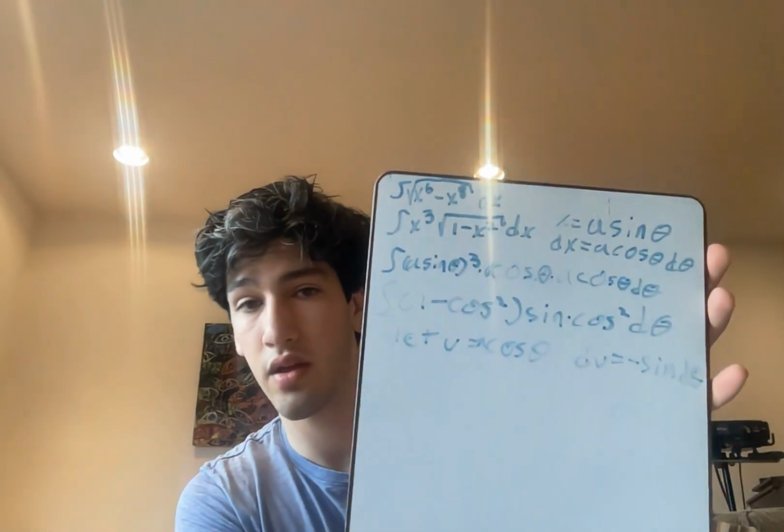Now that we know du is equal to negative sine d theta, that sine left over from the previous term turns into the du.